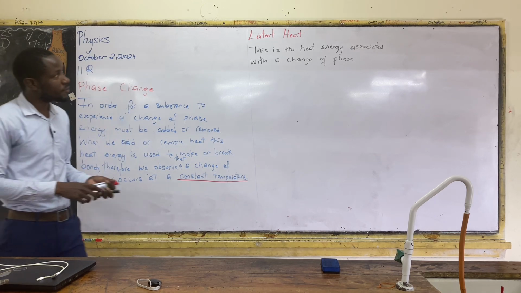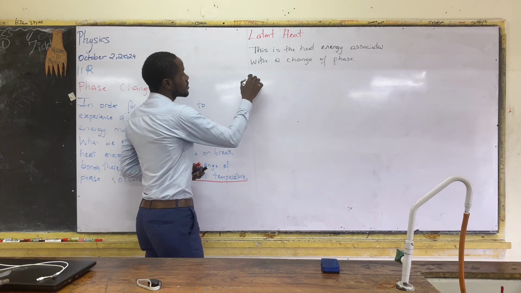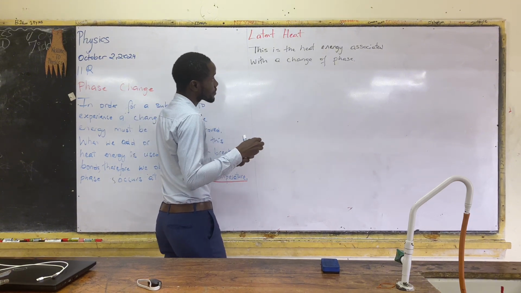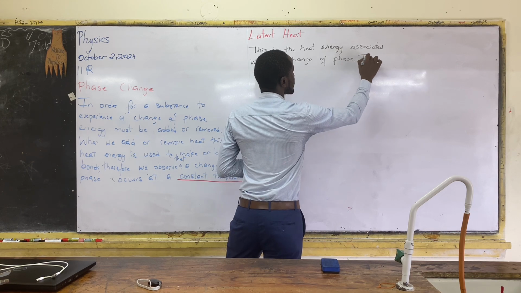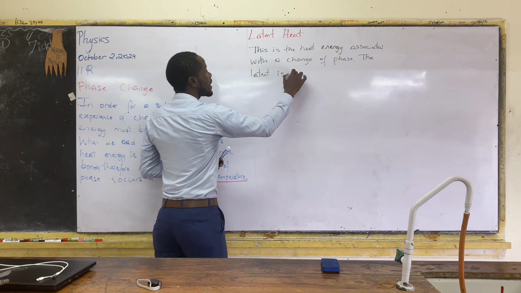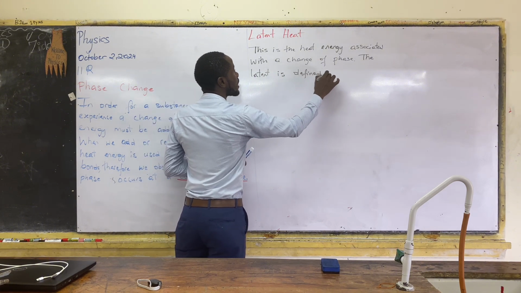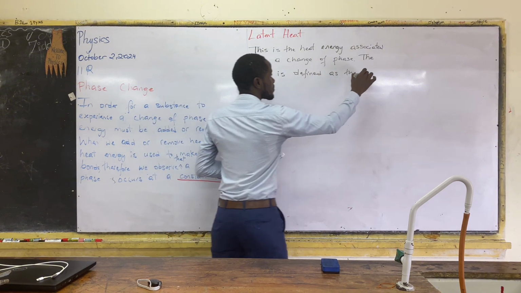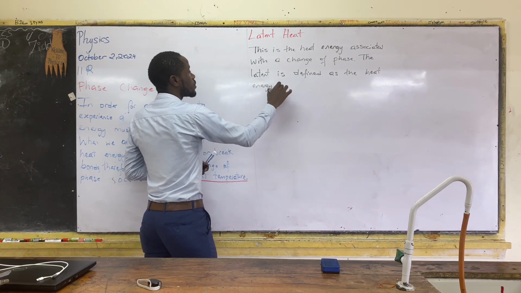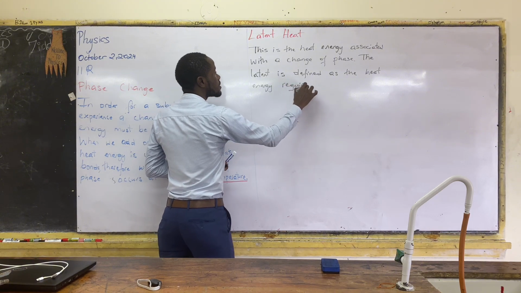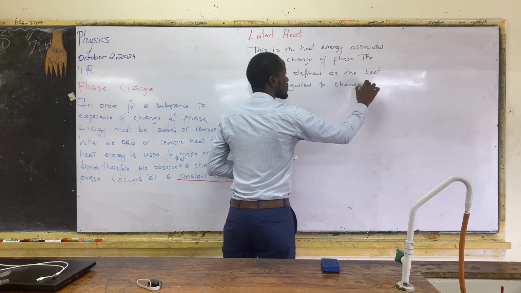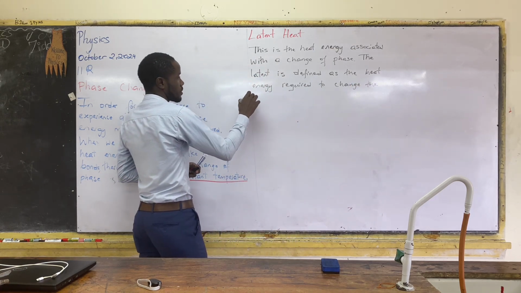Now, we can define the latent heat. So let's look at a definition. The latent heat is defined as the heat energy required to change the phase or the state.